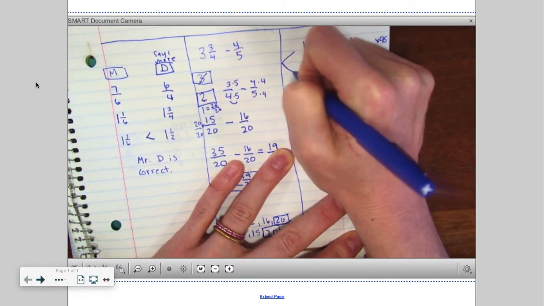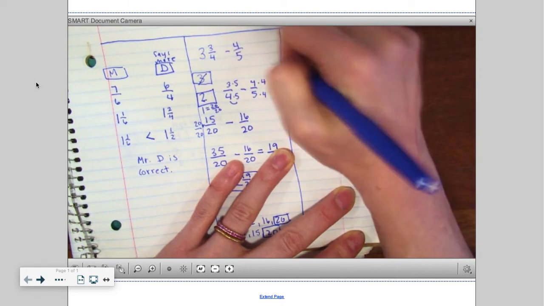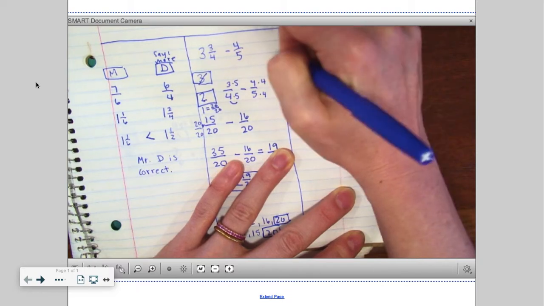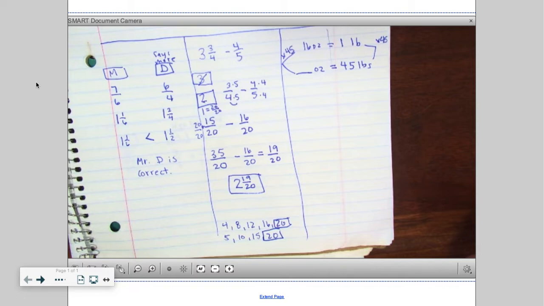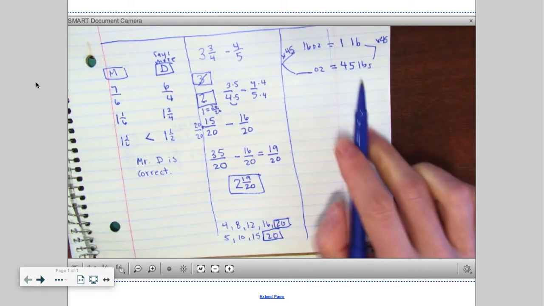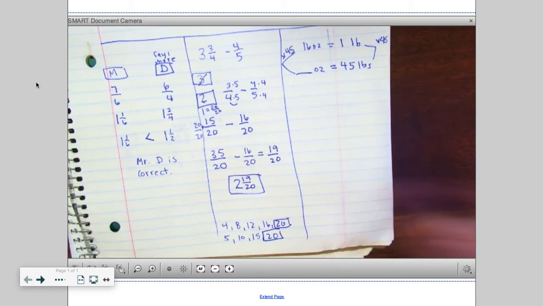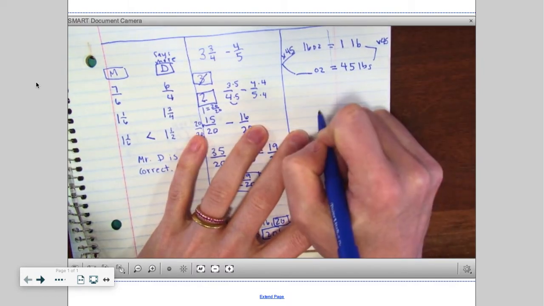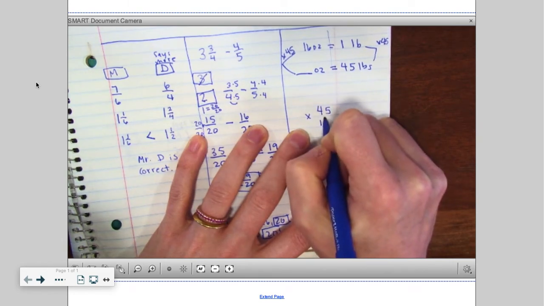So now, if I'm doing it to this side of the equation, I have to do it to this side of the equation. So I need to multiply 16 by 45. Again, I'm going from big to little. I need to multiply. So 45 times 16.